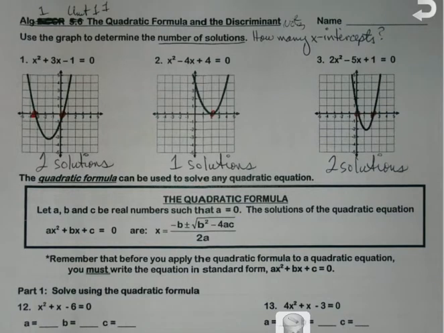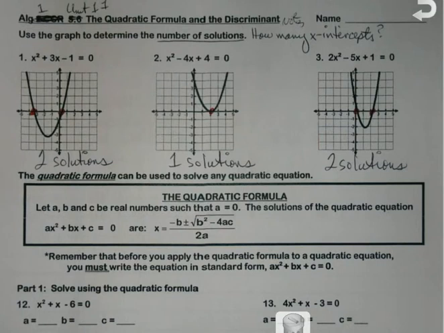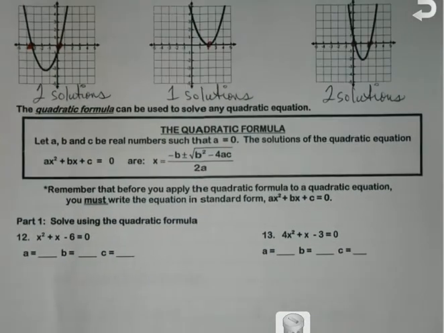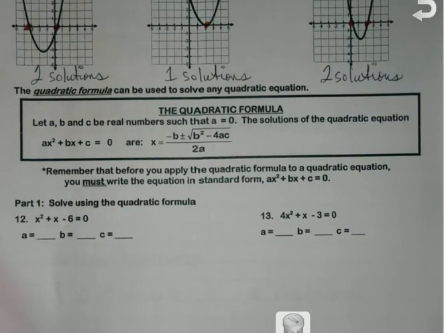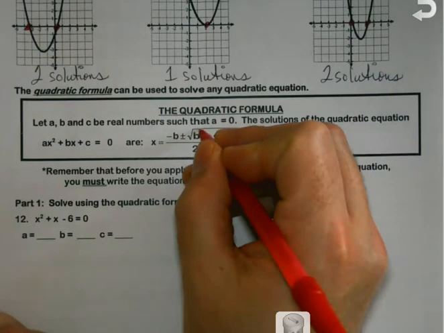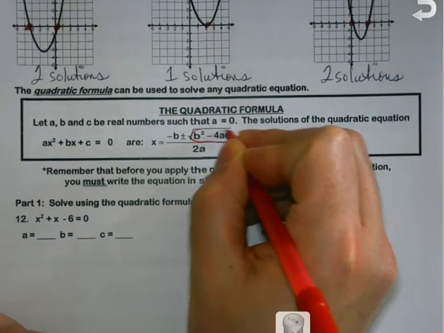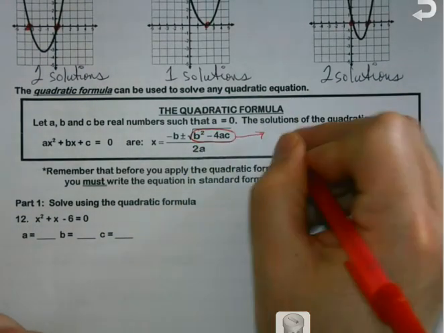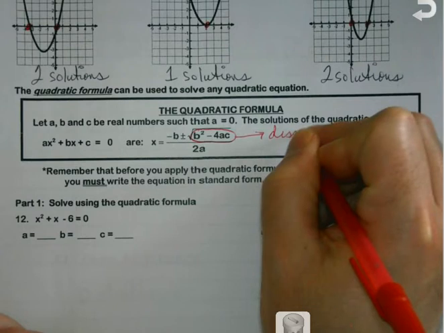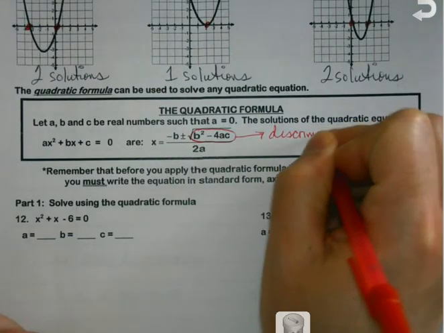So this quadratic formula, this big ugly looking thing here, can be used to figure out what the actual solutions are to things. I do want to make note of one thing though. This piece inside the radical here, this b squared minus 4ac, is called the discriminant.